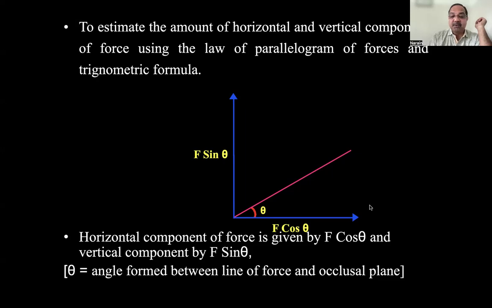The horizontal component of force is given by F cos theta, and the vertical component of force is given by F sin theta, where theta is the angle formed between the line of force and the occlusal plane. The pink is the line of force, this is the occlusal plane, and this is theta. So you use F cos theta for the horizontal component and F sin theta for the vertical component.